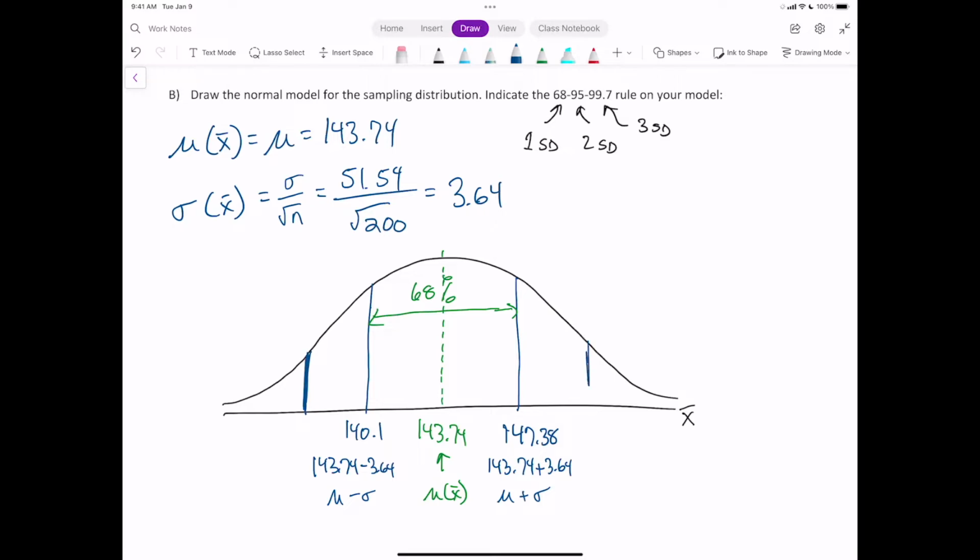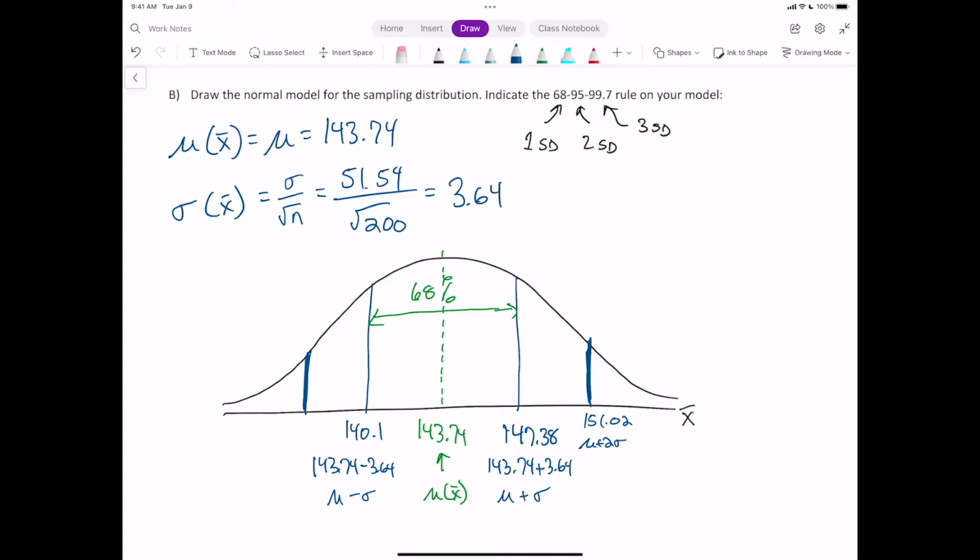And then out here. So now what we do is, let's go to the right one, that 147.38, if we take that and add to it another standard deviation of 3.64, that will give you 151.02. This is once again our mean plus 2 standard deviations.